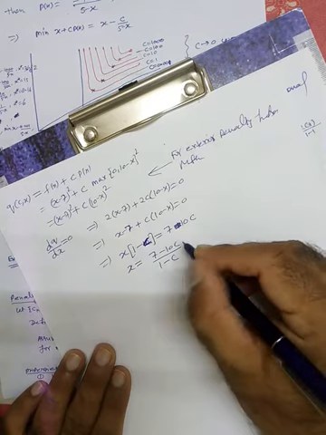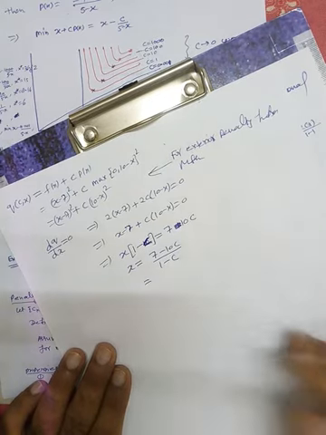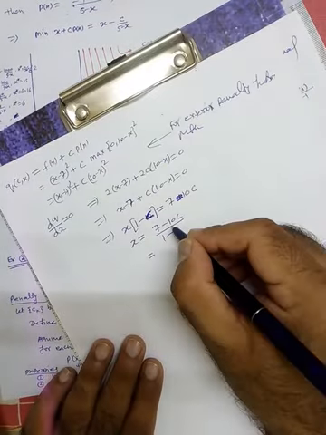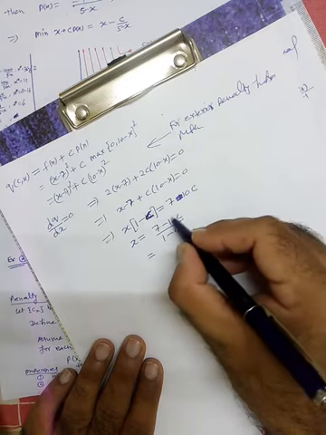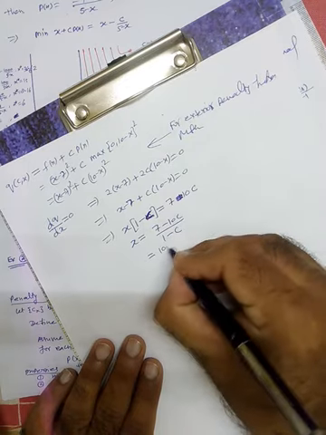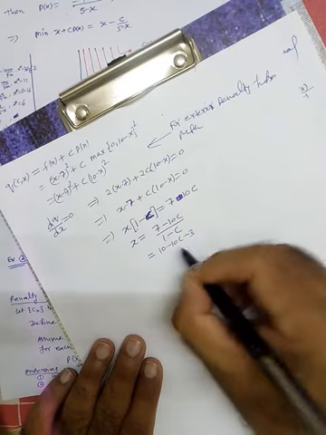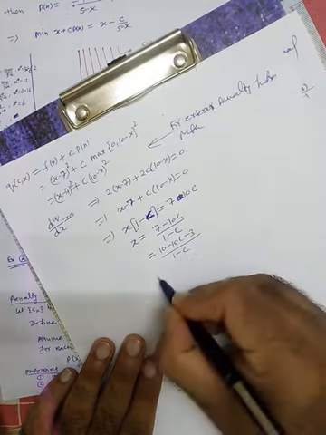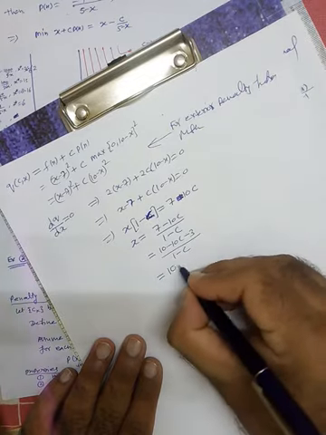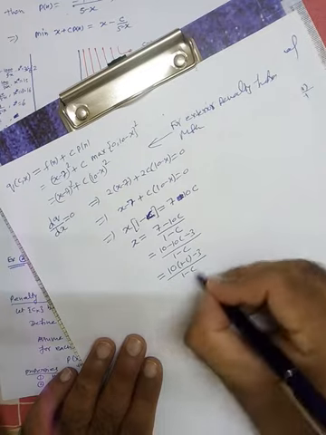This can be written as 10 times (1 minus c) minus 3, divided by (1 minus c).